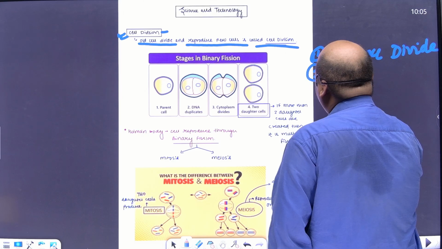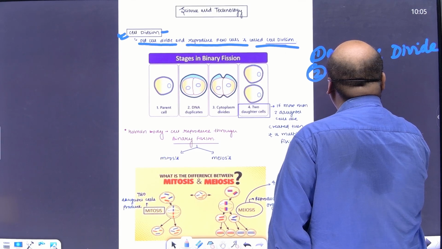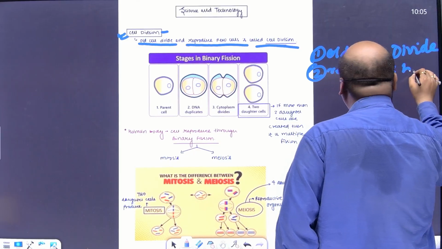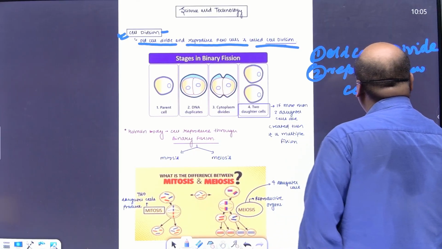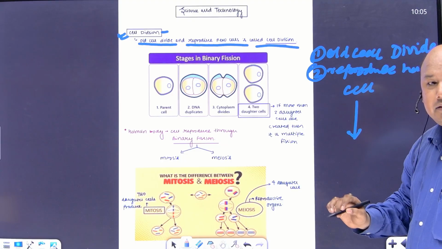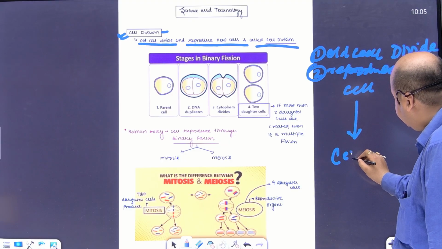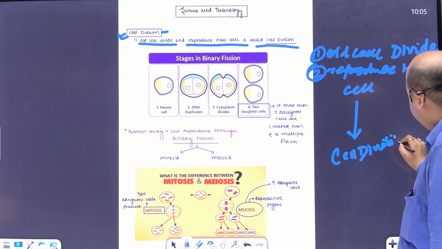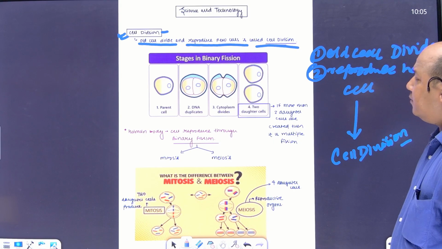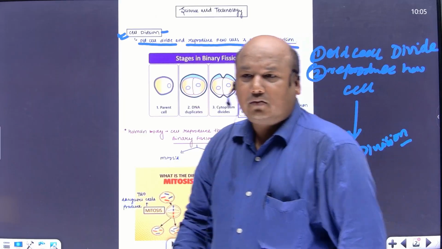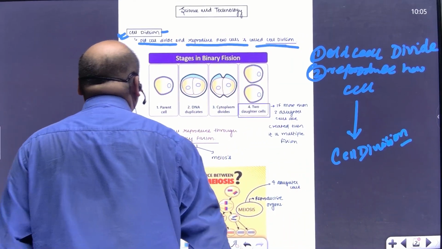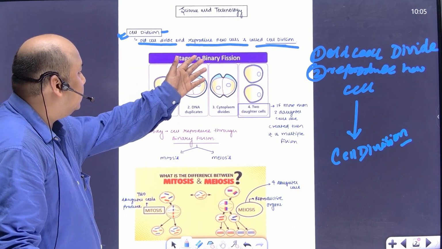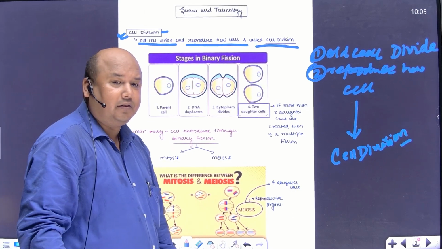Second, it reproduces new cells. This is called cell division. My viewers, my listeners, my dear students, we need to understand that old cells divide and reproduce new cells. It is called cell division.